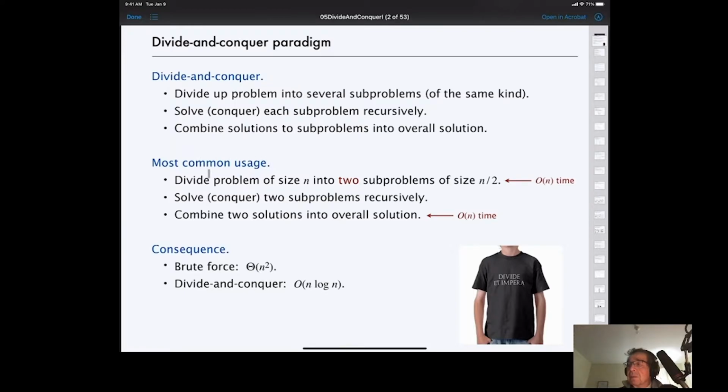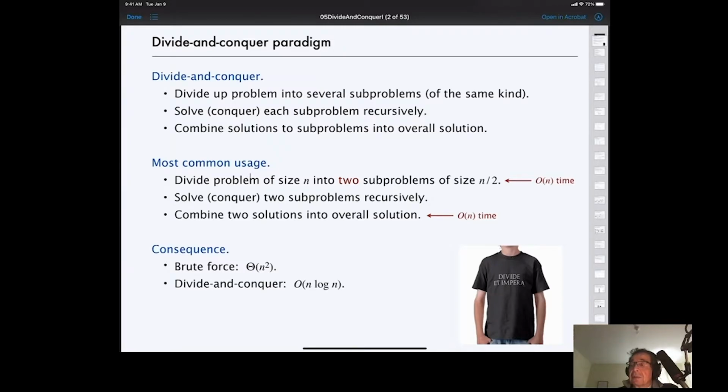The most common usage is just dividing the problem or the input size into two, so let's say into two subproblems of size n over 2. So we might have, for example, a sorting algorithm that has to sort a file with n entries and divides the file into two subfiles of size n over 2.